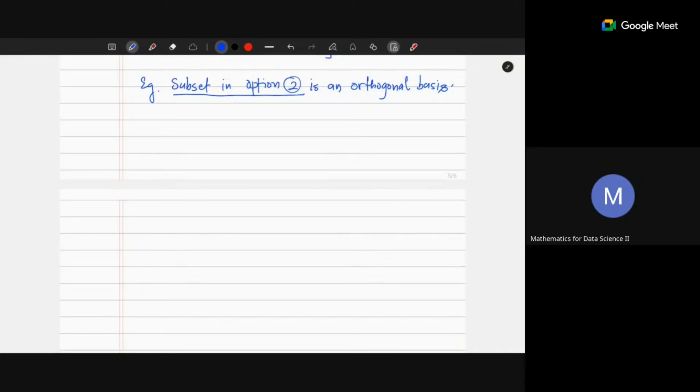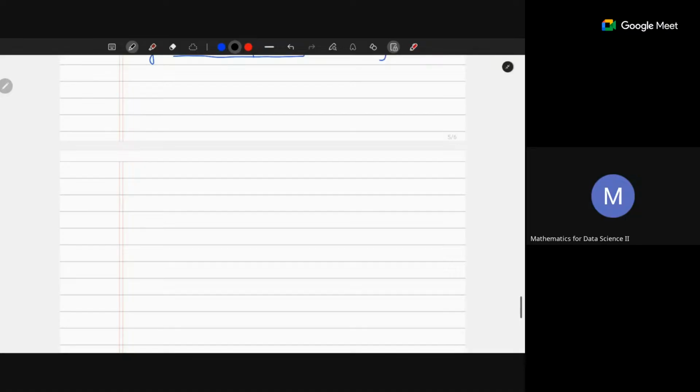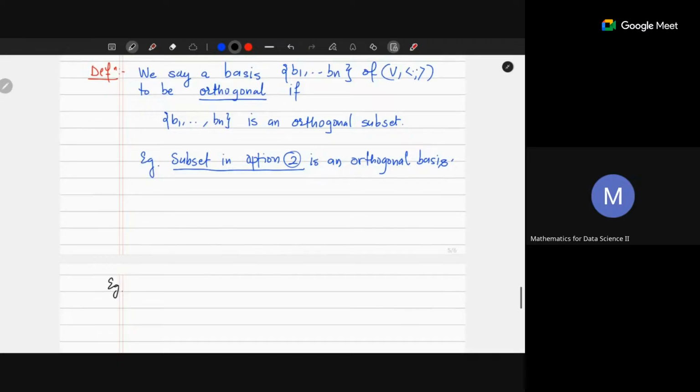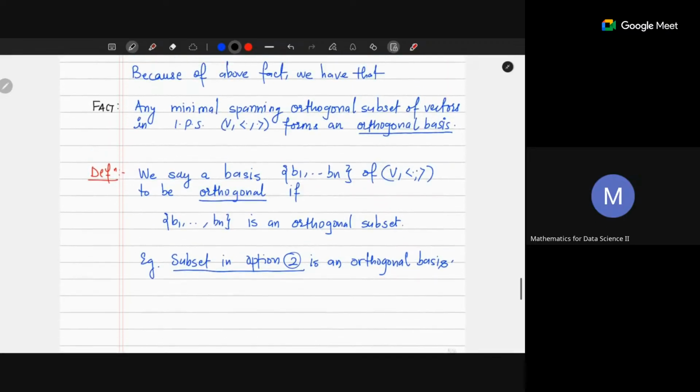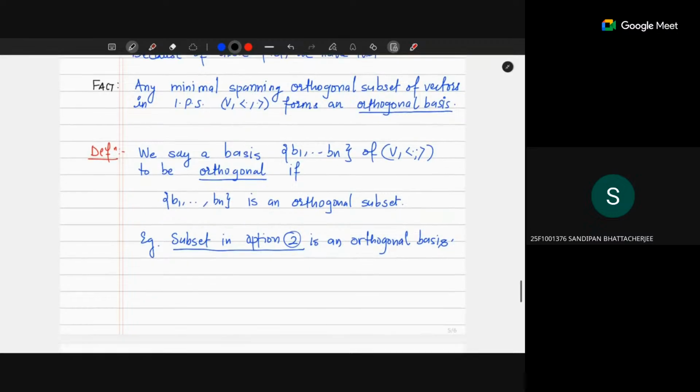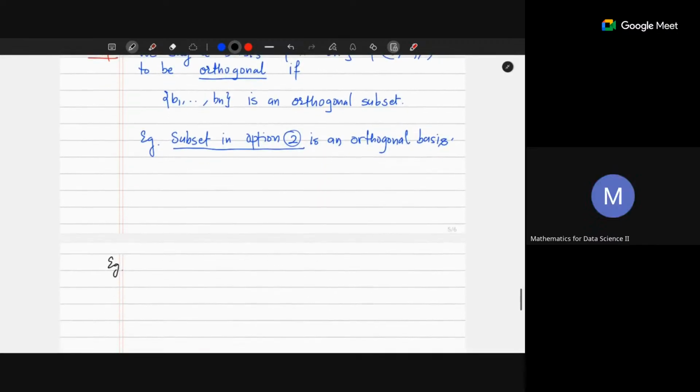Now let me give another example of a different nature. For another example of a vector space, let's say M2R, the set of all matrices of order 2 cross 2 with real entries.